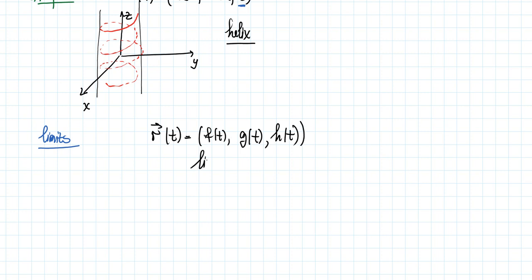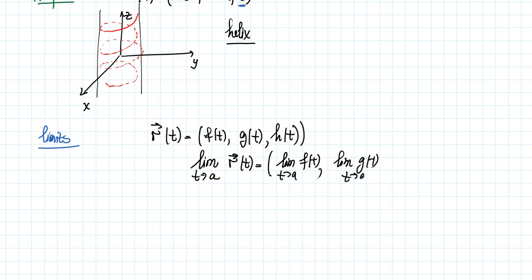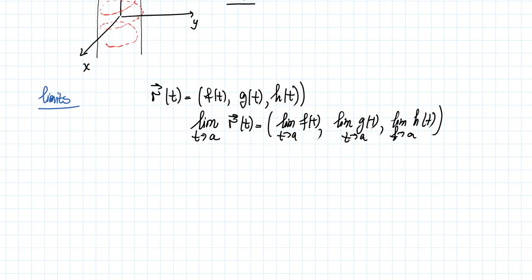If you would like to find the limit as t goes to some constant a of this vector function r(t), this is again a vector where every single component is a limit. It's going to be the limit of f(t) as t goes to a, the limit of g(t) as t goes to a, and the limit of h(t) as t goes to a.